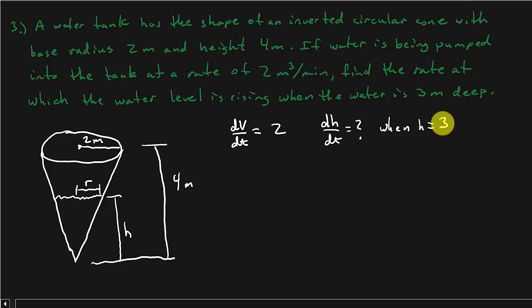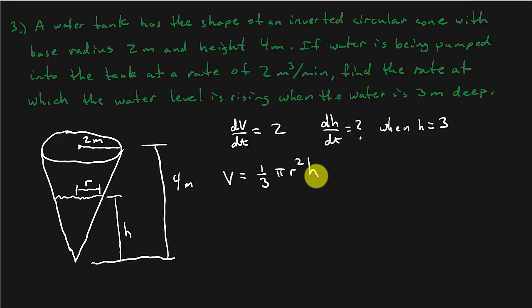That's what we're looking for. All right, so we need our equation. So we've got the volume. The volume of a cone is 1/3 pi r squared times H.